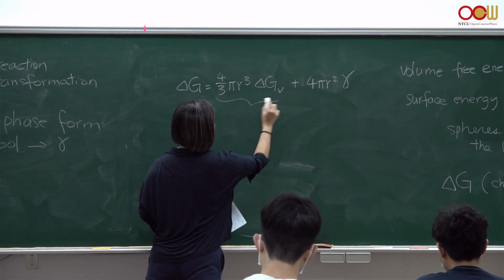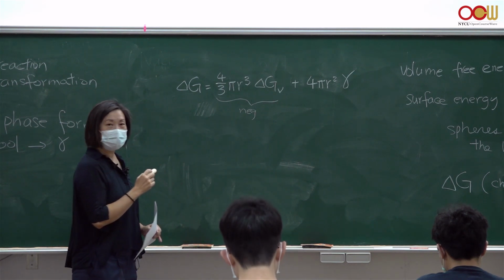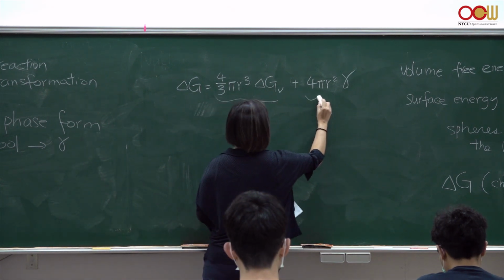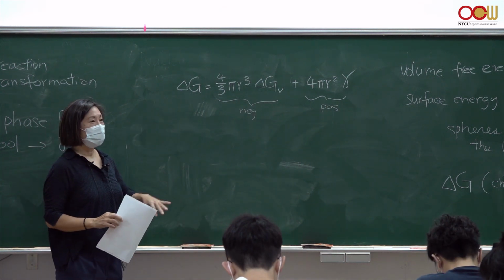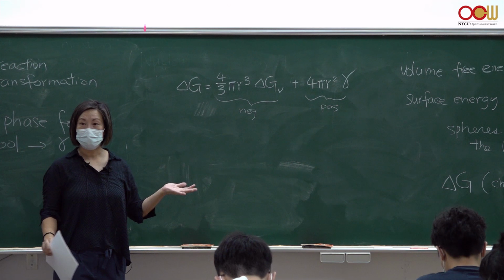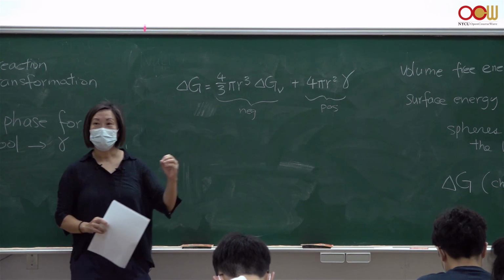This term will be negative because my delta G sub V is negative. This term will be positive. And so my delta G can be negative or positive depending on how big my nucleus is.